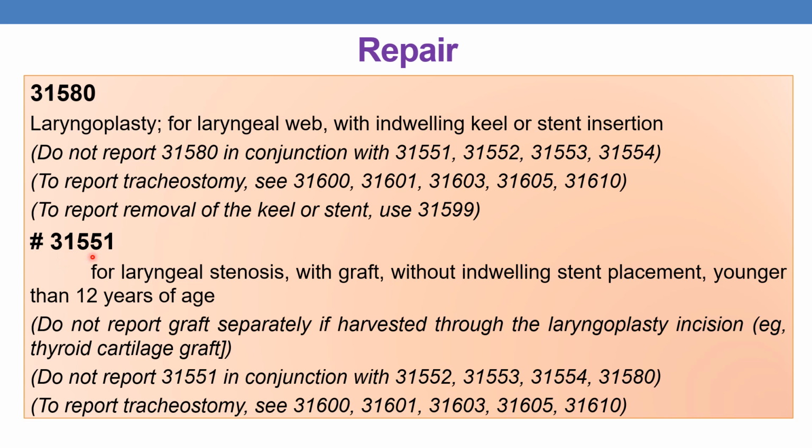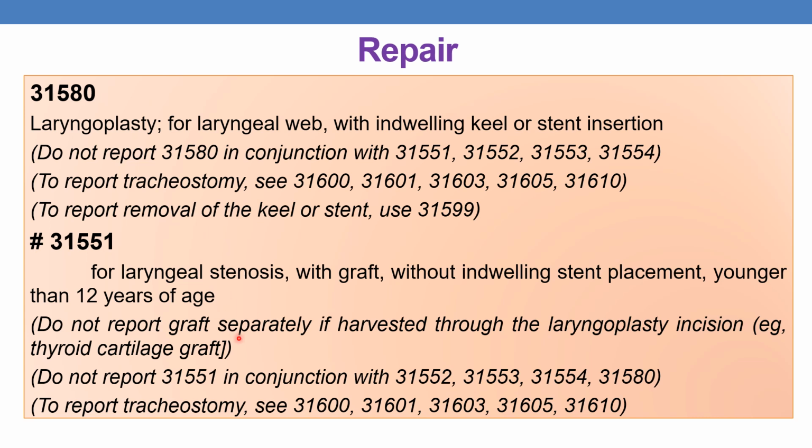The next CPT is 31551. This is out of numerical sequence, hence it is indicated by number sign. 31551 deals with laryngoplasty for laryngeal stenosis with graft without indwelling stent placement younger than 12 years of age.